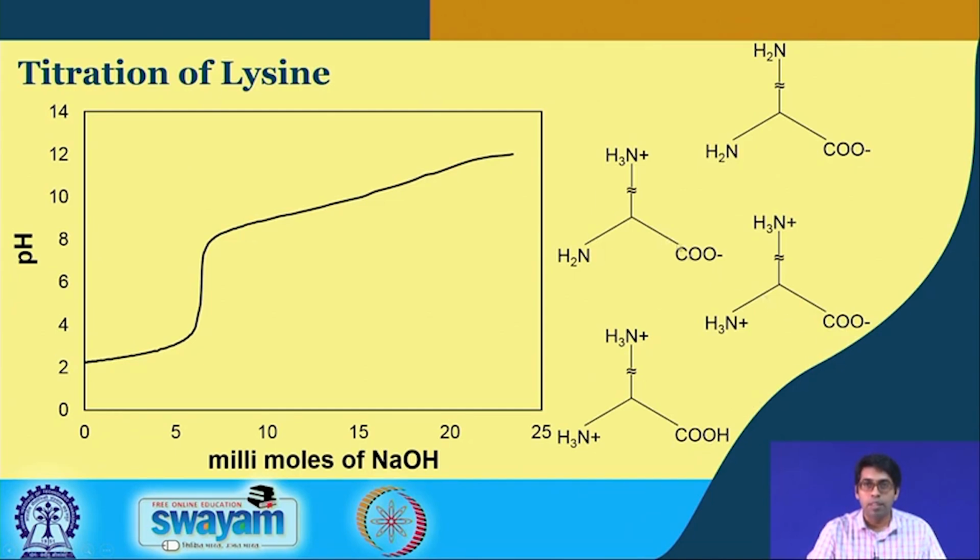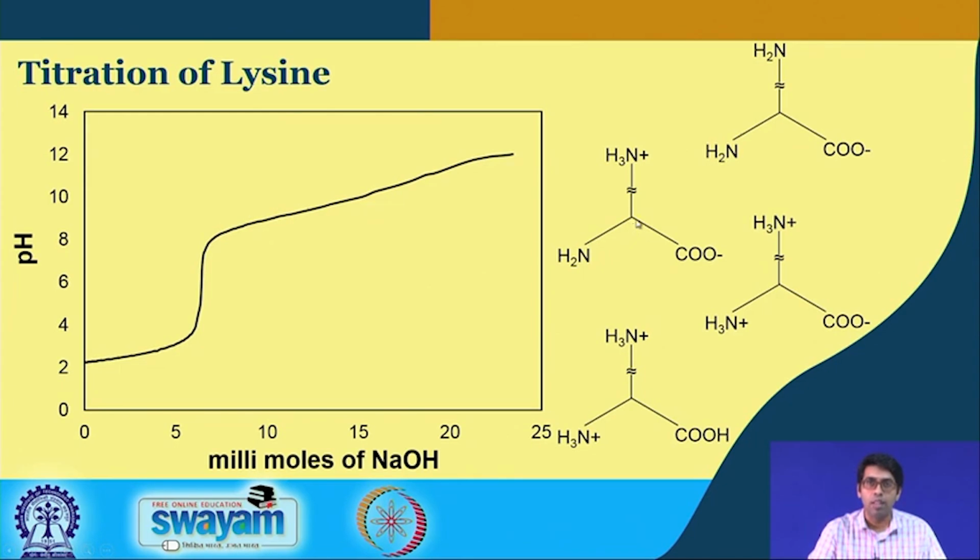The next species is where the backbone amino group loses its proton. So, this NH3+ becomes NH2, and this transition is given by a straight line from here to somewhere here. If I take the midpoint, then my pKa for this transition comes out close to 9, between 8 and 10.